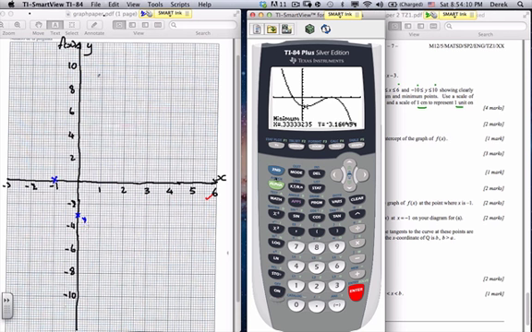And then if we get our local maximum, go now to 4, and I must do my, let me just do this again. I think I pushed the wrong button there. I want my maximum. I'll do the left bound, enter.